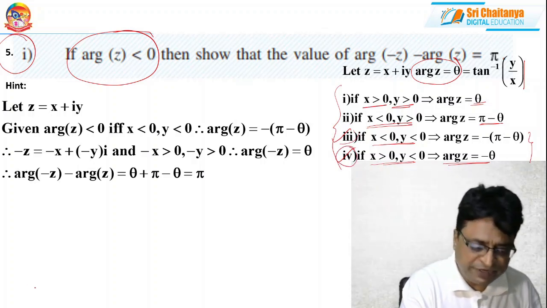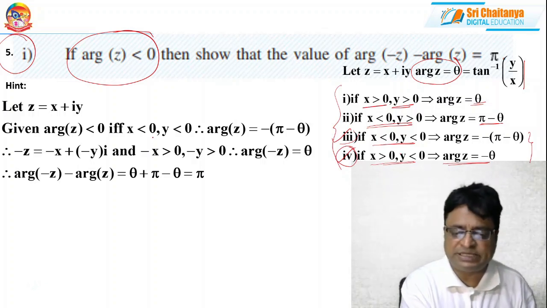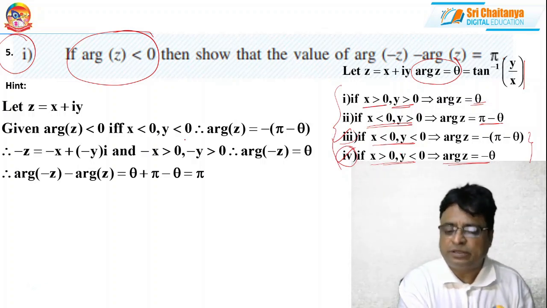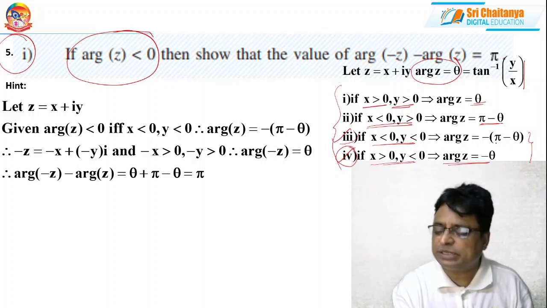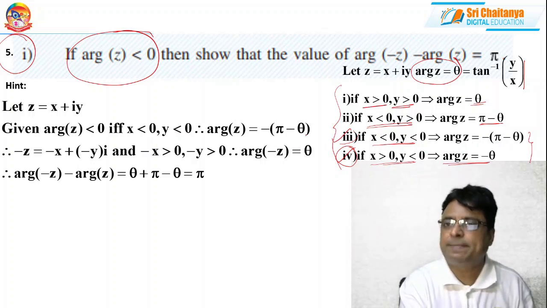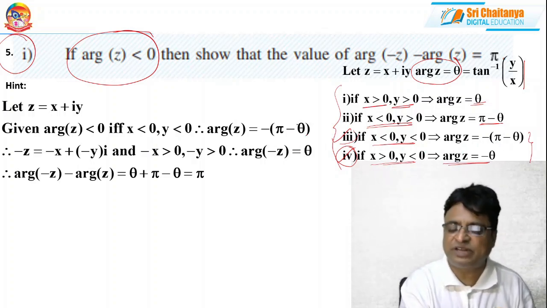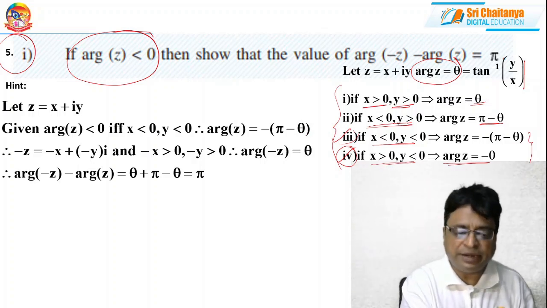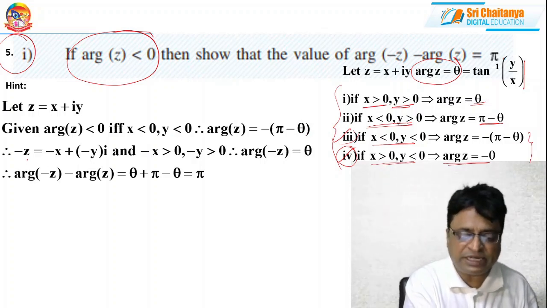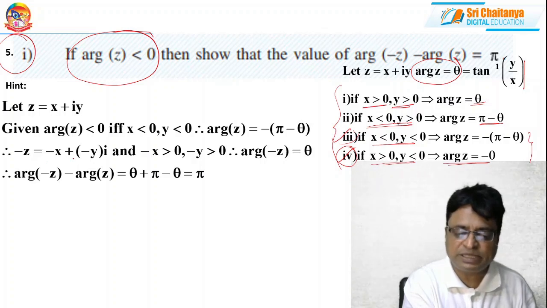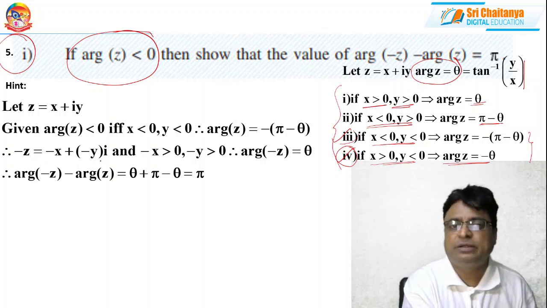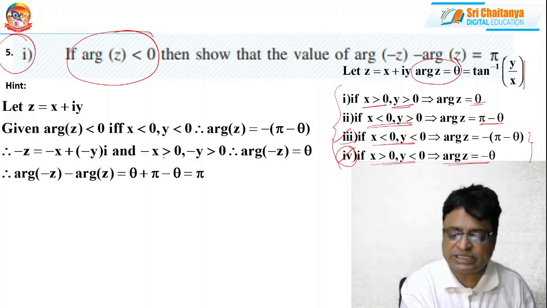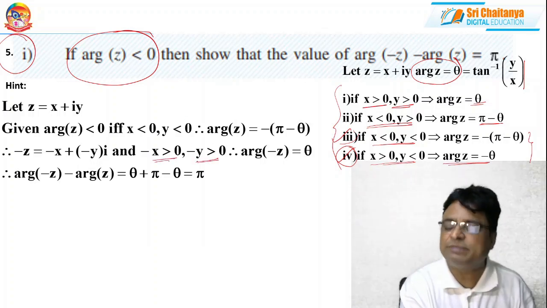Suppose it is from case number 3, that means x negative, y negative, then the argument of z becomes minus of pi minus theta. That's why the argument is negative. Now minus z becomes minus x plus minus y times i. If x is negative, minus x is positive, and if y is negative, minus y is positive.